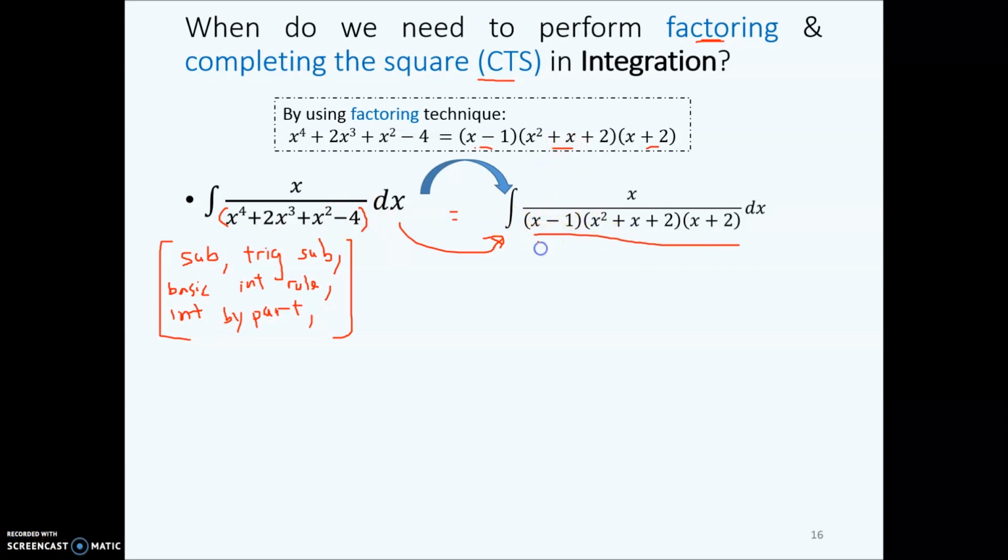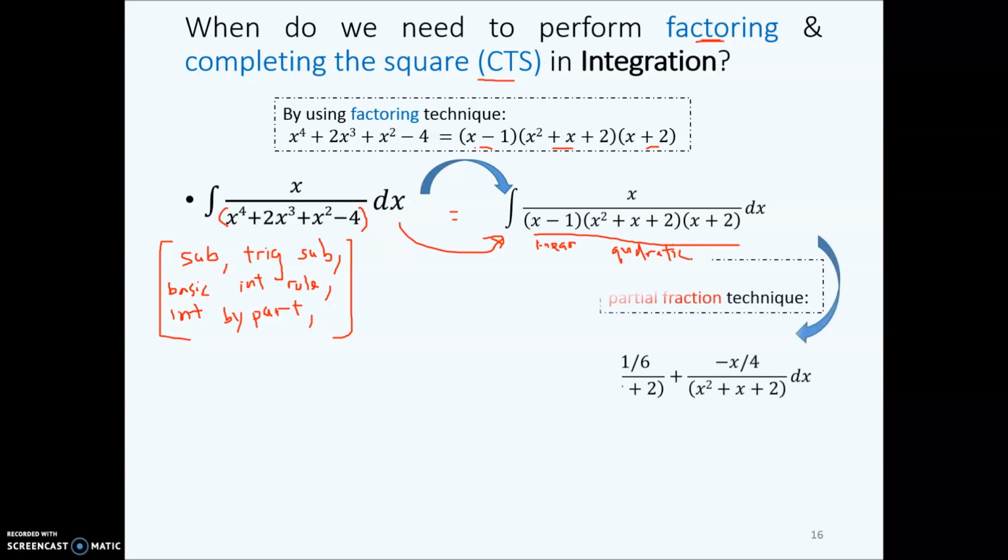Once you convert it into a function with the multiplication of a linear as well as a quadratic factor, then you can apply a method called the partial fraction technique, where you can further simplify this into the corresponding linear and quadratic factors.